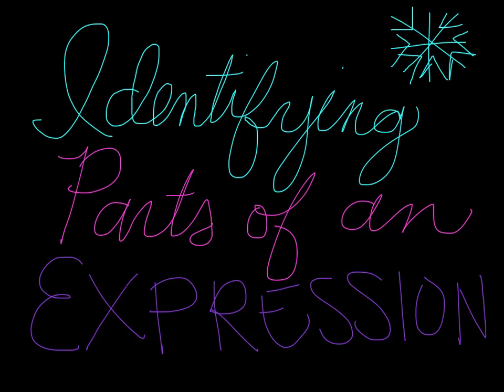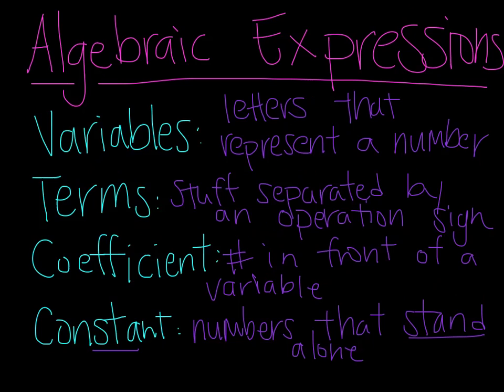So we've talked about it last Thursday and today Monday, on how to identify the different parts of an expression. And just as a quick review, algebraic expressions typically have four parts. So we have variables, and variables are always letters that represent a number or a series of numbers.